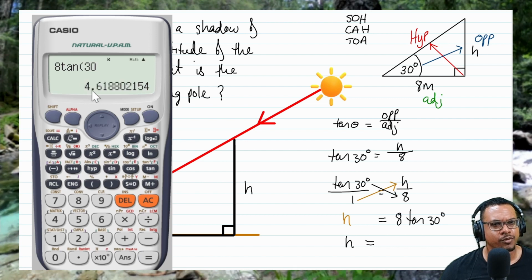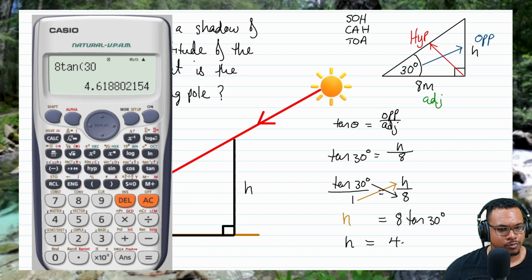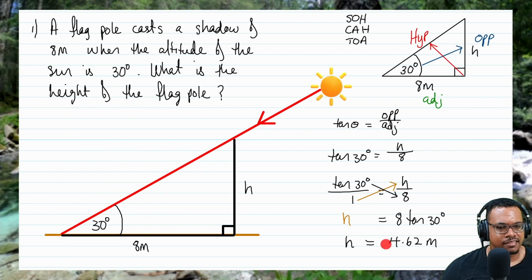And I got 4.618. I'll write this to 3 significant figures. So 4.61, stop here. After it's an 8, so this one will go up by 1, and I get 4.62. So the height is 4.62 meters. And this would be your answer, the height of the flagpole.